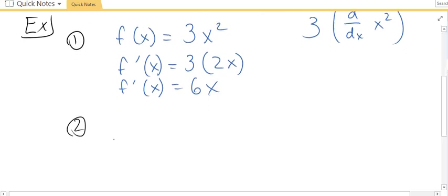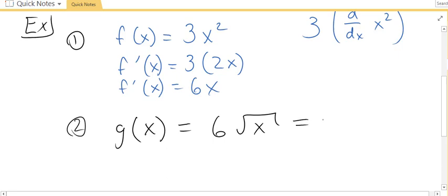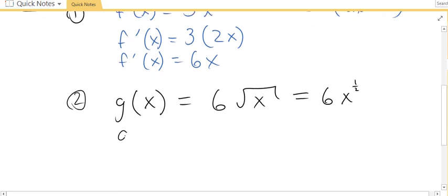Along the same lines, let's say I've got g of x equals 6 times the square root of x. Now, we know that this can be written as 6 times x to the 1/2. Before, we just brought the exponent down in front.